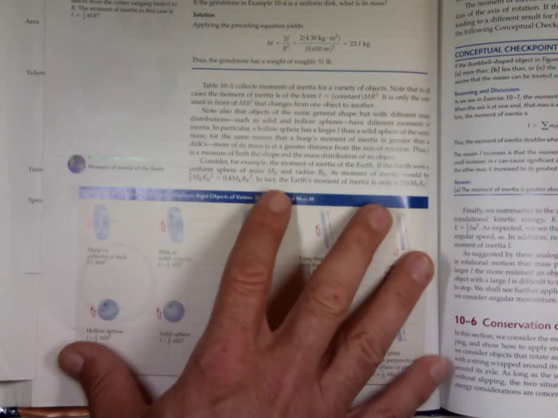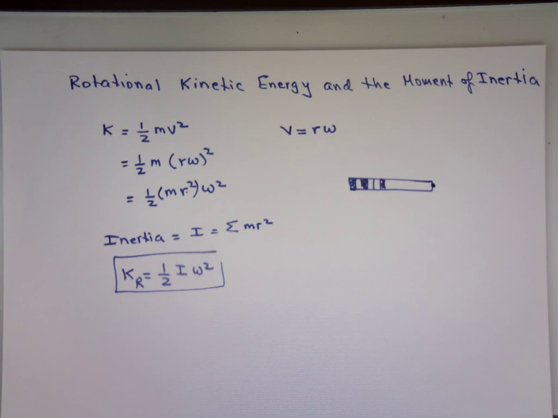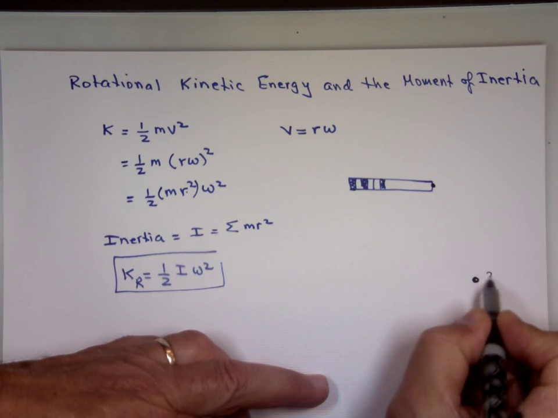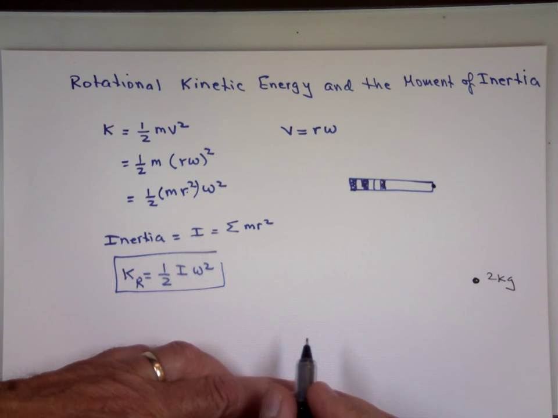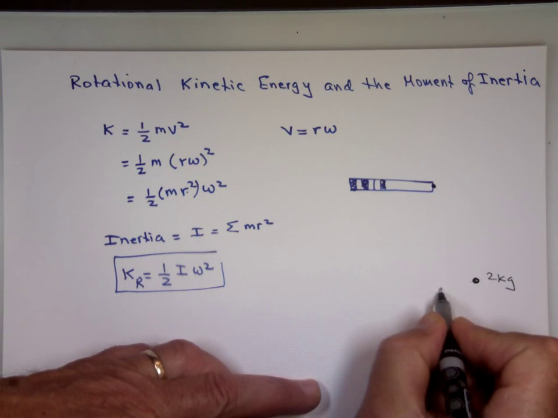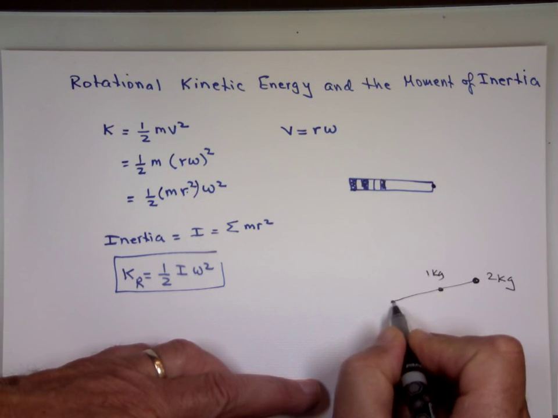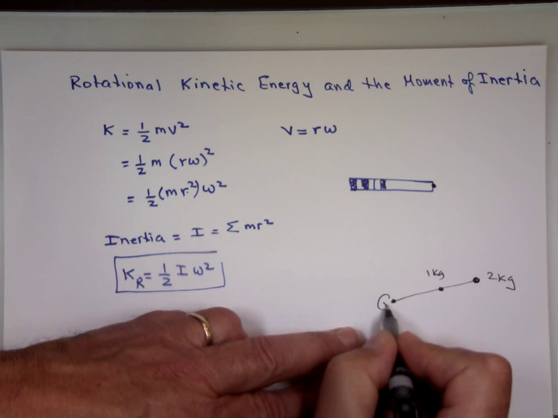If we give you a different shape than these, then we have to calculate the inertia ourselves by using the summation of m r squared. So if I give you, for example, an object that looks like this, I've got a 2 kilogram mass here and a 1 kilogram mass here, and they're spinning around this pivot point, like somehow they're attached together.